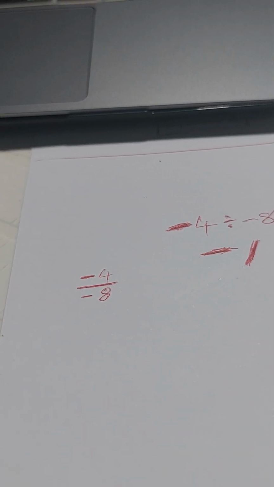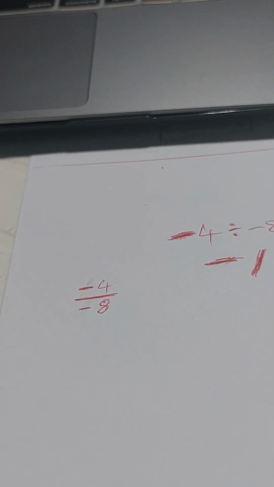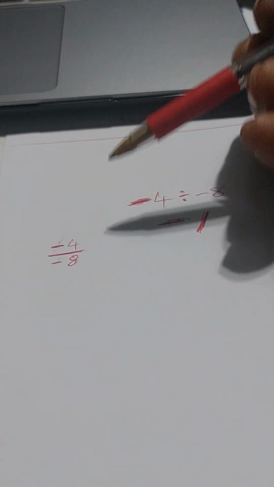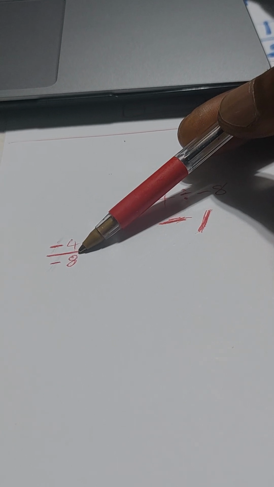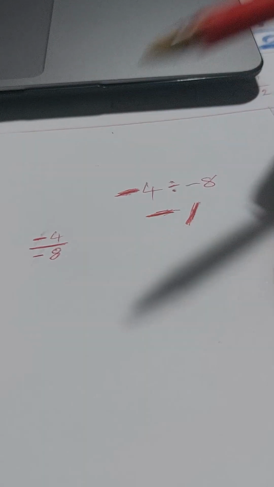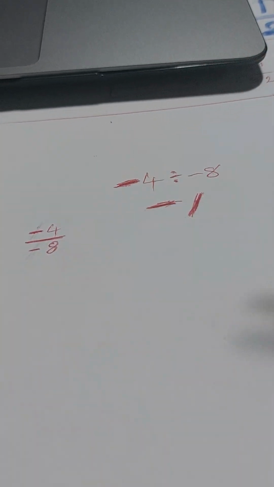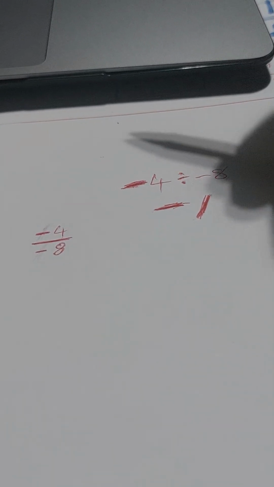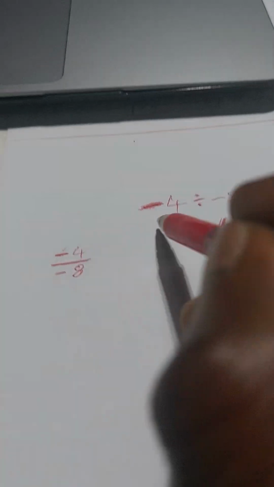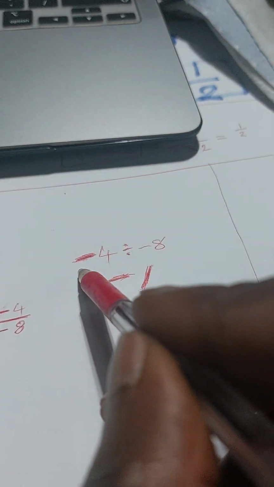The reason why this negative will cancel out is because if you want to solve this mathematics in another form, if you break it down, see what this will give you.